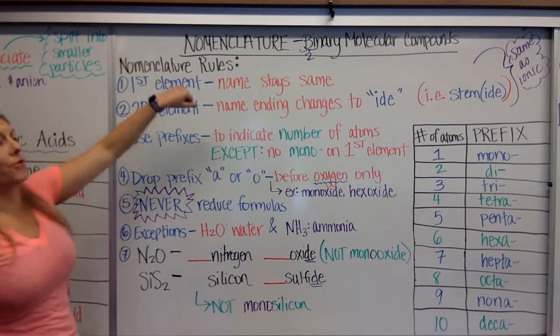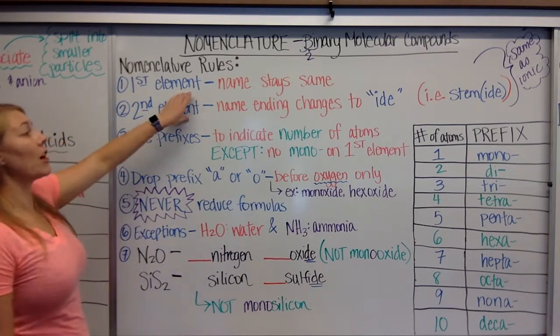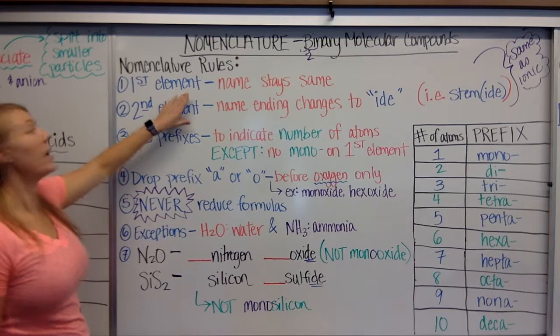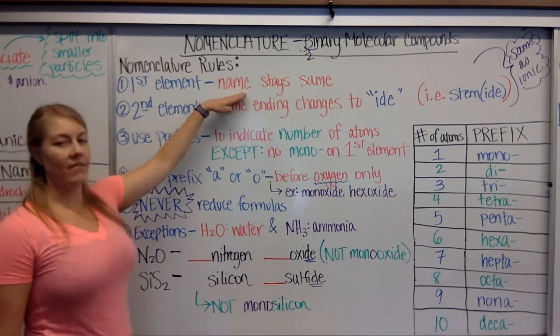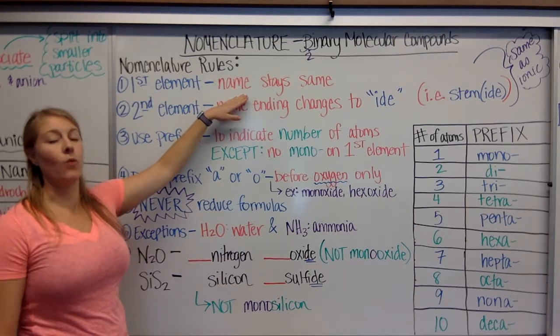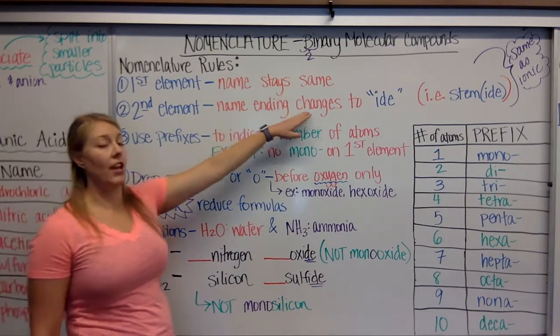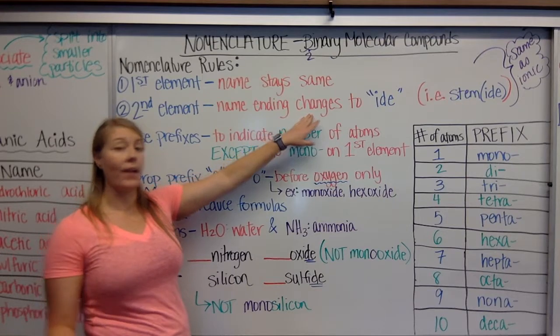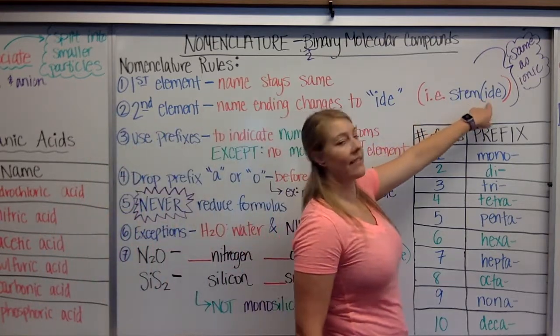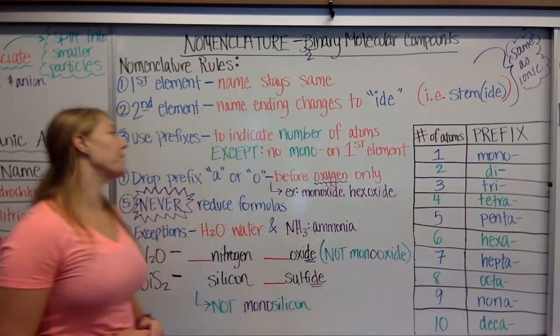Our rules here, and we'll go through them kind of one by one. The first 2 are just like we saw with ionic bonding. The first element, the name stays the same. Same way that we did it with ionic bonding. The second element, the name ending changes to "ide," just like we saw with ionic. So we have stem plus "ide." Okay, so same as ionic.